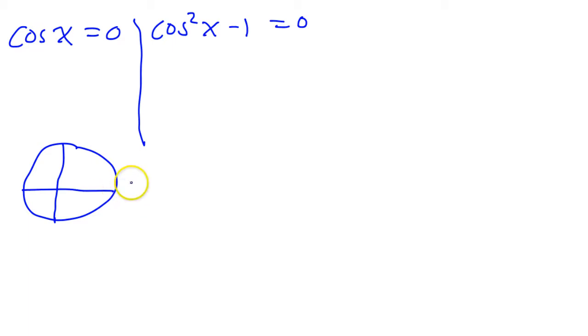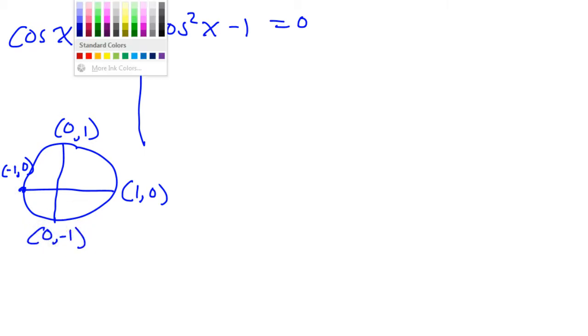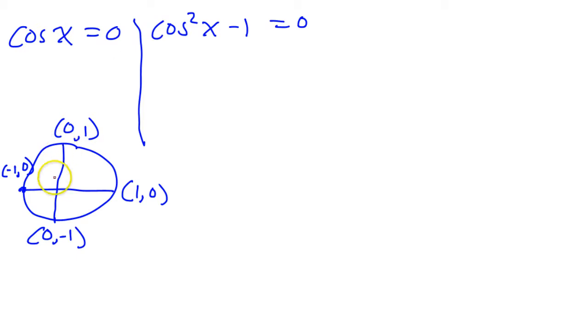All right, on the unit circle, this is the point 1, 0, and this is 0, 1, and this is negative 1, 0 right here, and this is the point 0, negative 1. Now, cosine is the x value on the unit circle, so I'm looking for the angles where the x value is equal to 0.